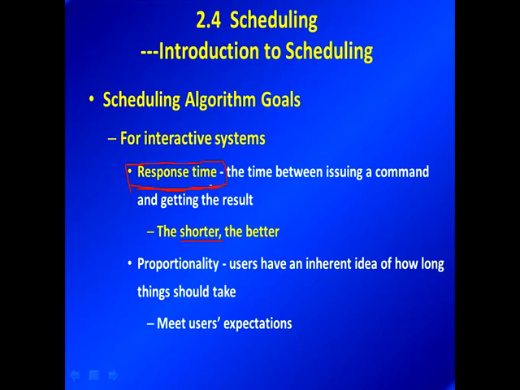We just use turnaround time to evaluate the algorithm, because it's hard to calculate the exact response time. The users are not expecting the final result.